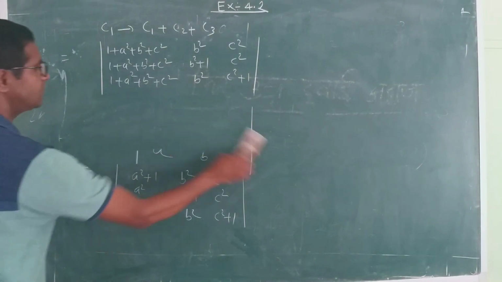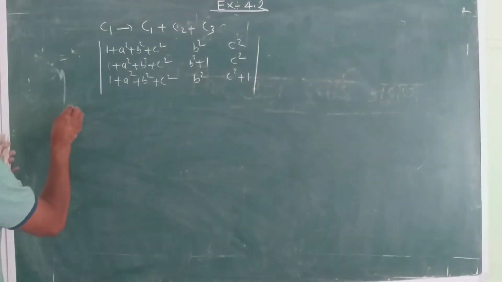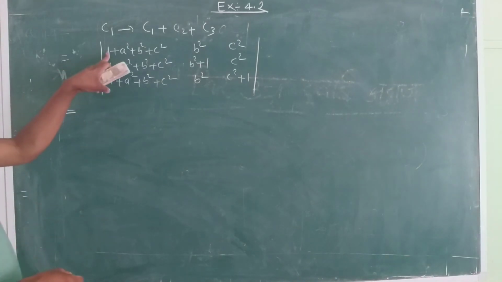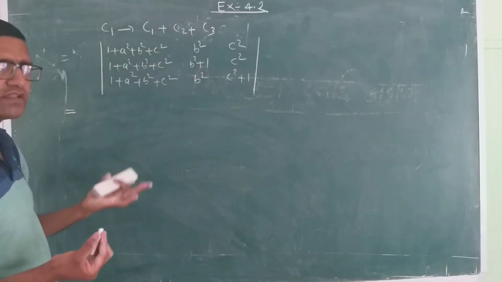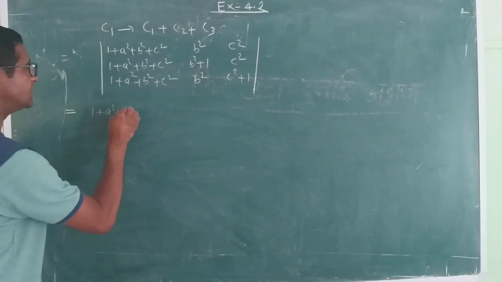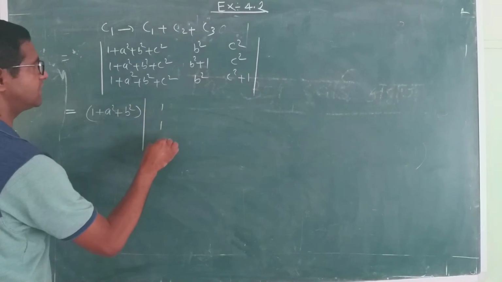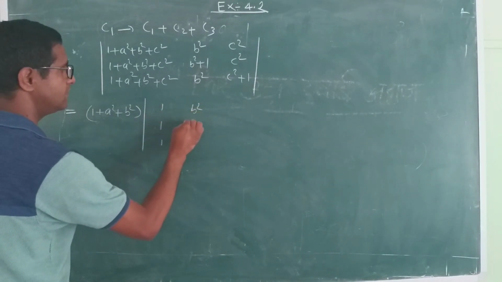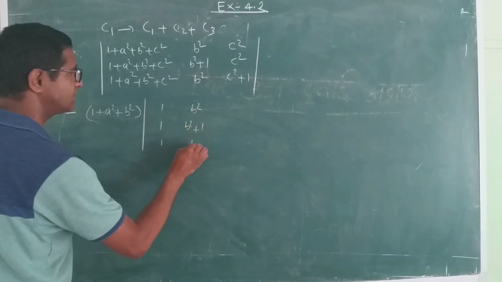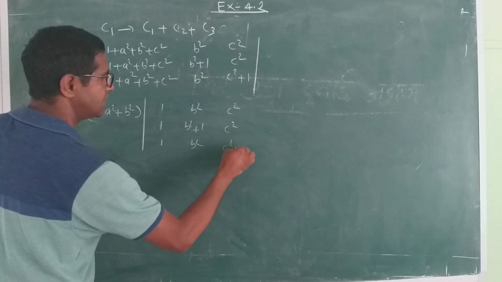Now come to the next step. What is common from the first column? 1 plus a square plus b square plus c square is common, so it will come out from the whole determinant, you know by the property. The first column becomes 1, 1, 1, with b square plus 1, b square, c square plus 1 in the other columns.